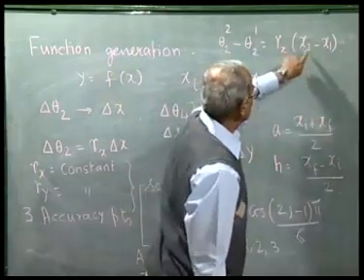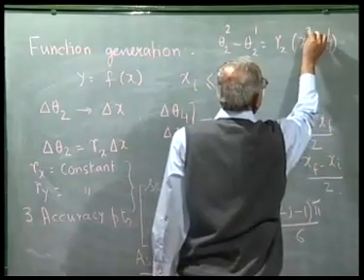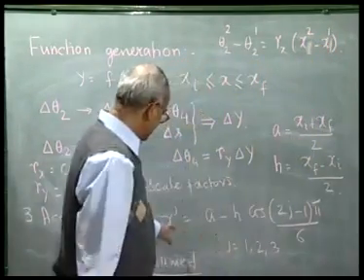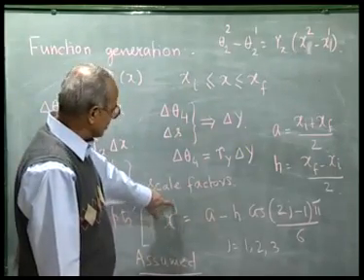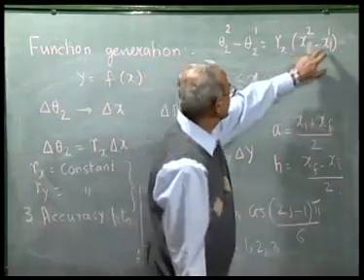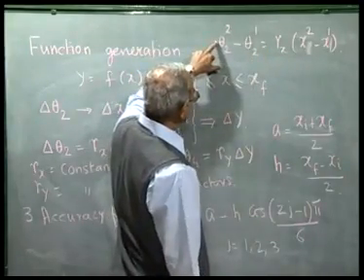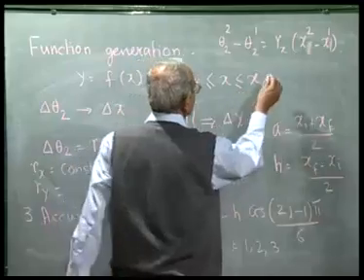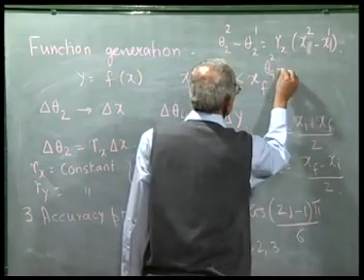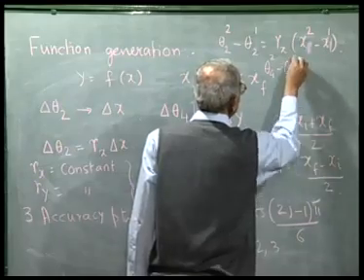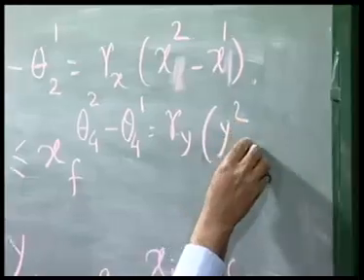I have already got x1, x2: the second accuracy point, j equal to 2, is x2, and the first accuracy point, j equal to 1, is x1. So, x2 and x1 are known, Rx we have assumed, theta 2 1 we have assumed, so I can get theta 2 2. Similarly, for theta 4, I write theta 4 2 minus theta 4 1 is Ry into y2 minus y1.